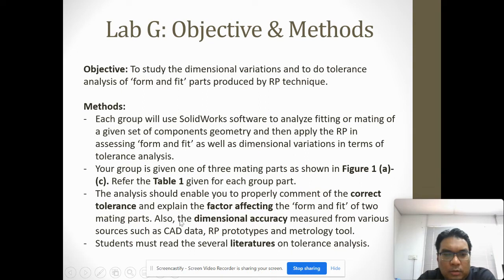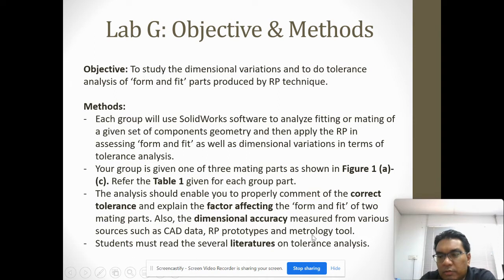Also, the dimensional accuracy is measured from various sources, as I said before: you can compare your CAD data, the dimensions you designed, with the results produced from the RP using metrology tools.